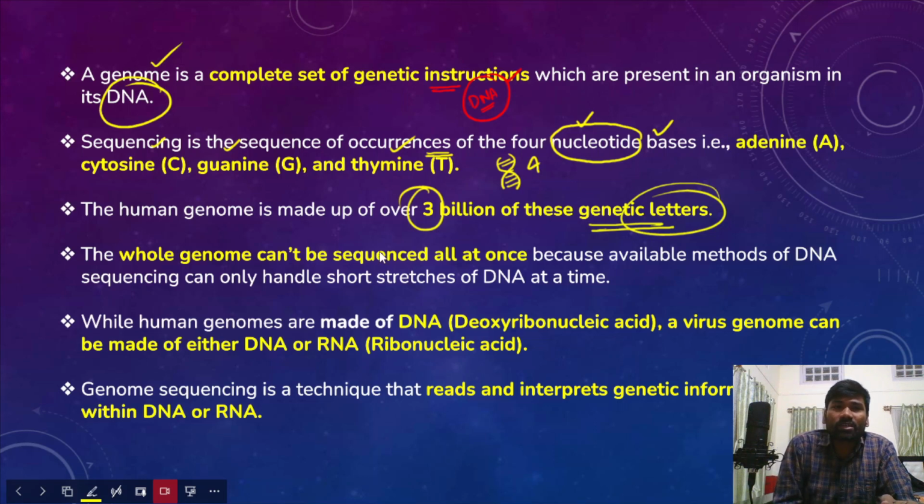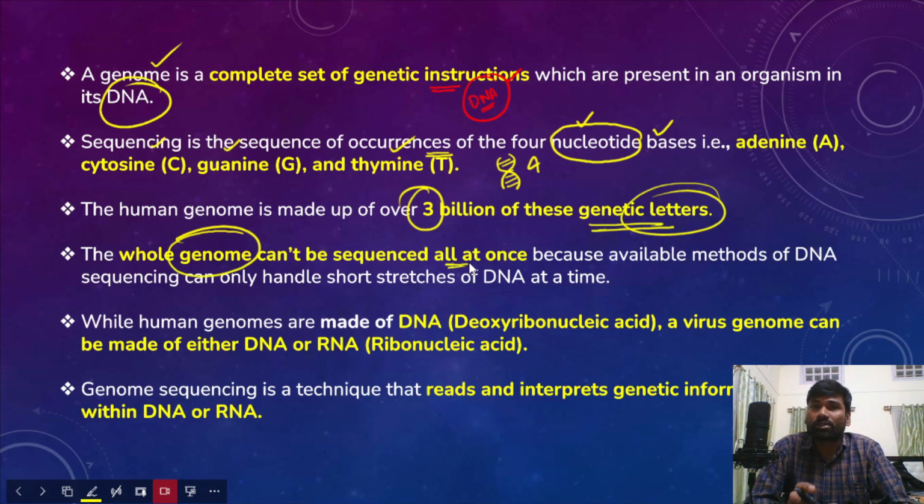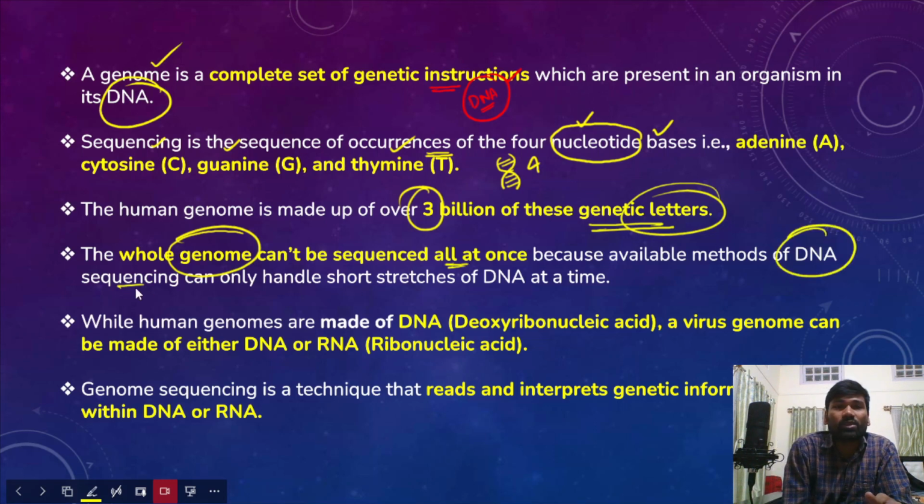In this context, the whole genome of an organism cannot be sequenced all at once, because the available methods of DNA sequencing can only handle short stretches of DNA at a time.